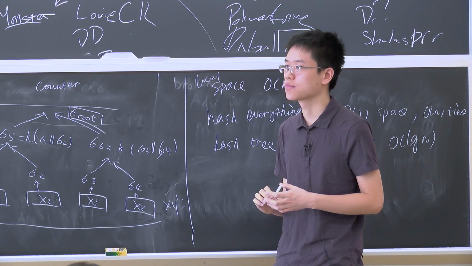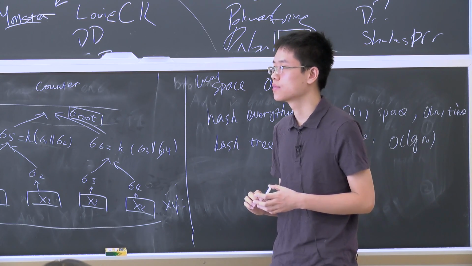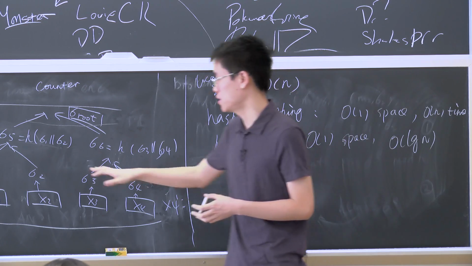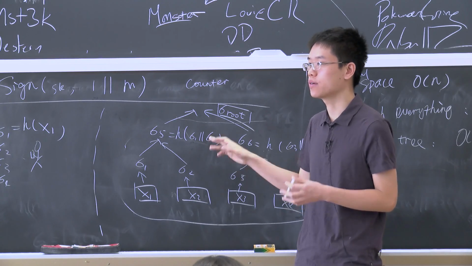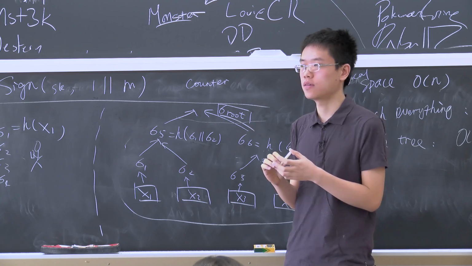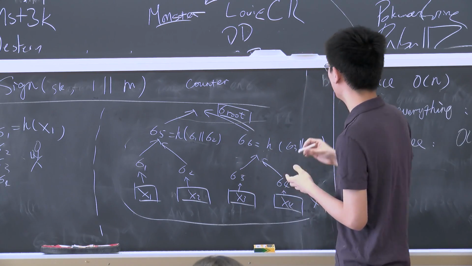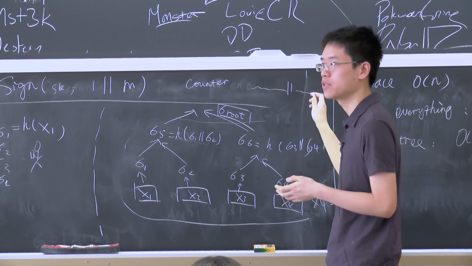If the concatenation stays the same, that means both parts are the same, right? I'm not sure if I understand your question. So concatenation is basically just a bunch of bits, followed by another bunch of bits, right?